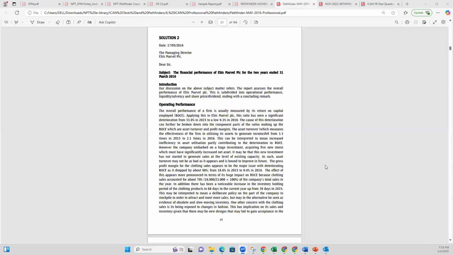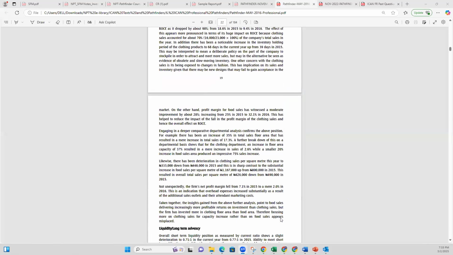One other concern with the clothing sale is being exposed to the change in fashion. This has implications on its sales and inventory, given that there may be new designs that may fail to gain acceptance in the market.